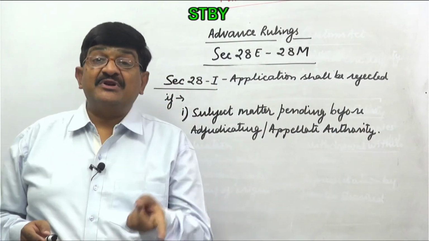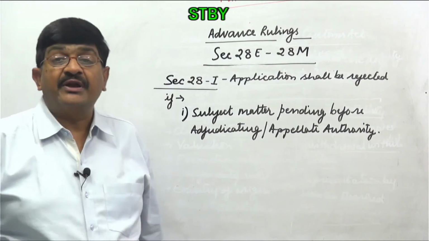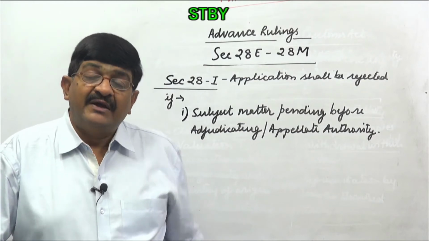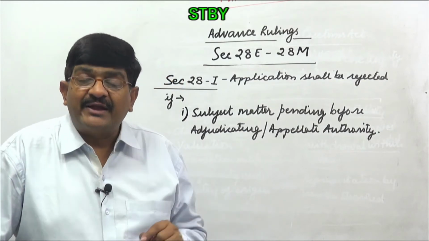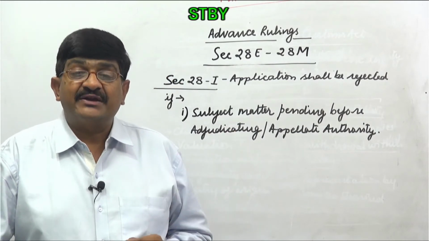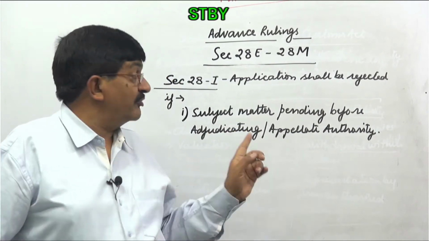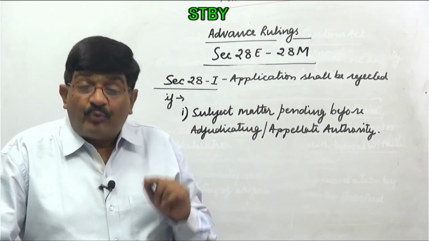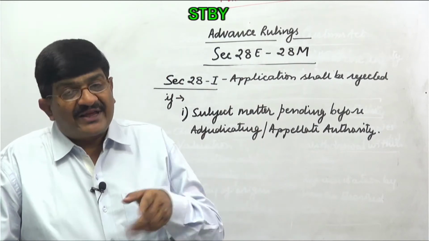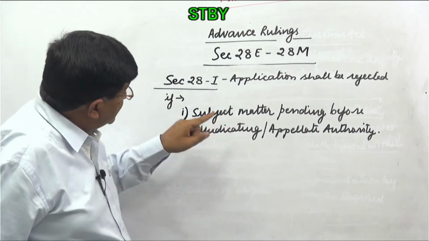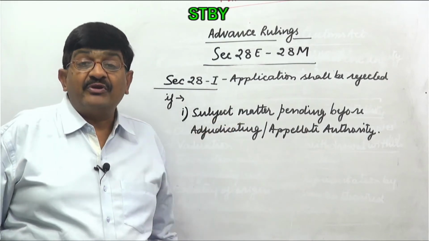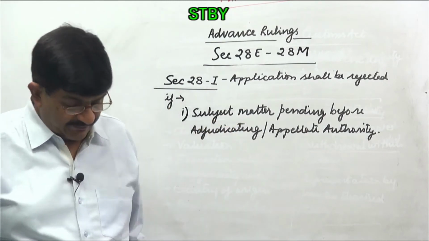So the same subject, same applicant, that is pending before the adjudicating authority or the appellate authority. It means the taxable event has already taken place. That's why the adjudicating authority has taken a decision, or it has passed an order and the matter has gone to appeal. While advance ruling is before the taxable event takes place. So this is one situation where application has to be rejected by the authority.